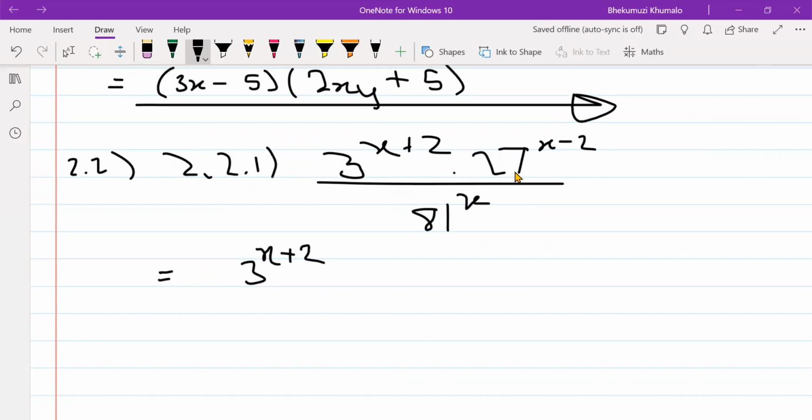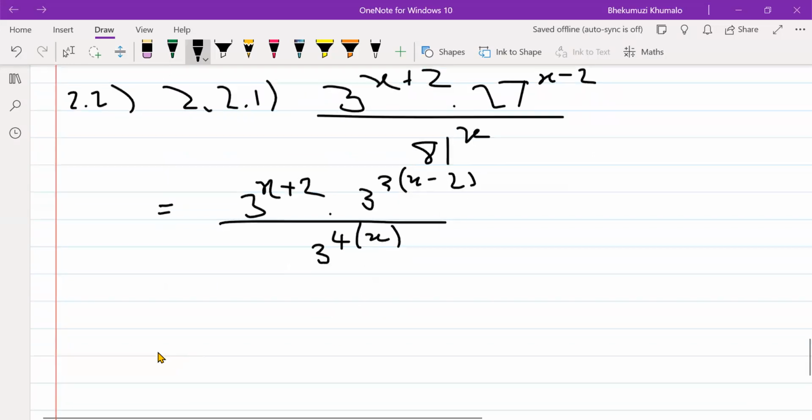But 27, if we think about it, can be written as 3 to the power 3, but then we had x minus 2, so we leave it in a bracket, x minus 2. And underneath, 81 can be written as 3 to the power 4, correct? So then that's to the power x.